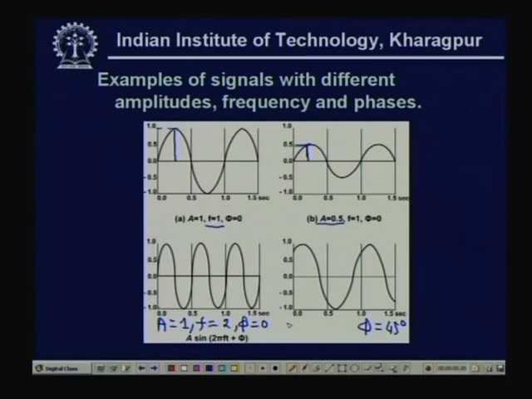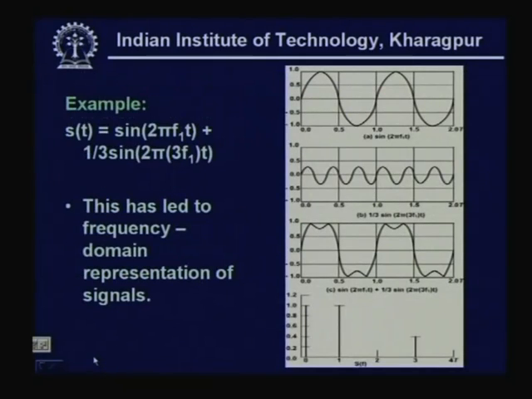So, in this particular case, A is equal to 1 volt, f is equal to 1 hertz because in 1 second one cycle is completed, and phase is equal to 45 degree. So, here we have taken examples with different amplitude, frequency and phases.